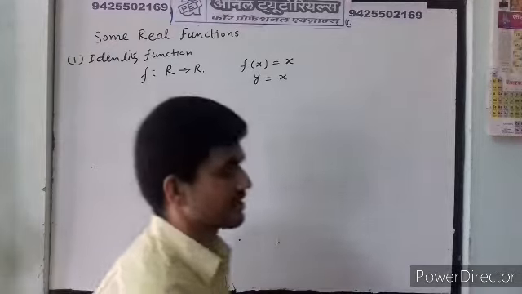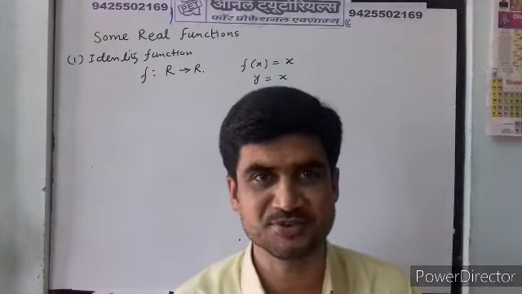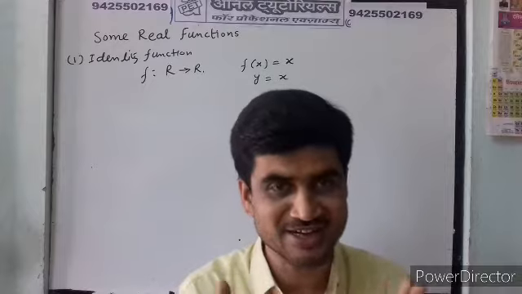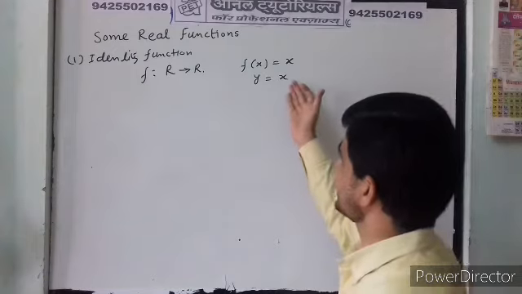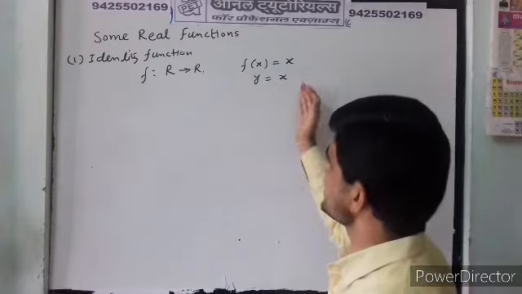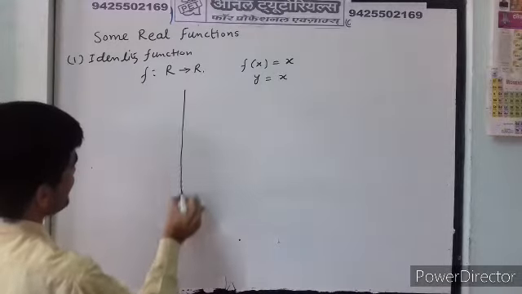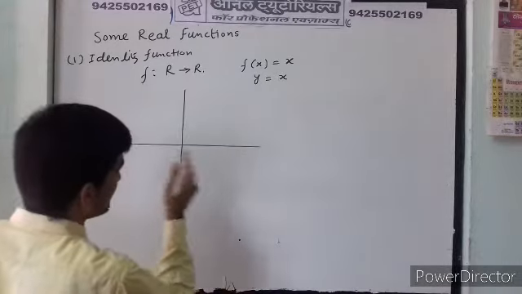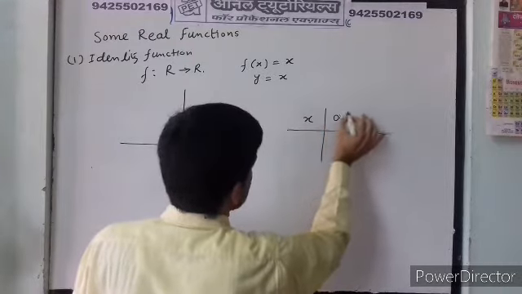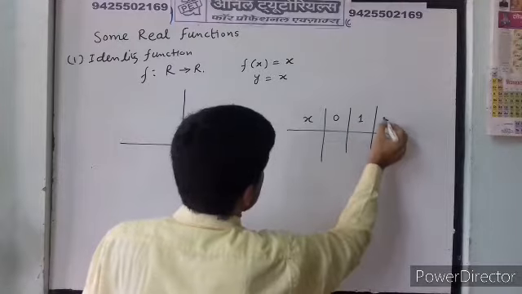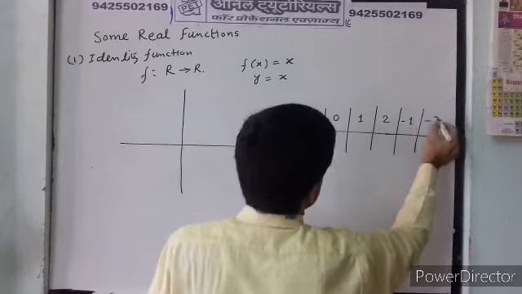See, when you see your image in a plain mirror, you see yourself and say, oh, it is my image, that is called identity. You see your identity and you become happy. So here, whatever value of x we put, y also gets the same value. When you try to make its graph, put values of x like 0, 1, 2, minus 1, minus 2.